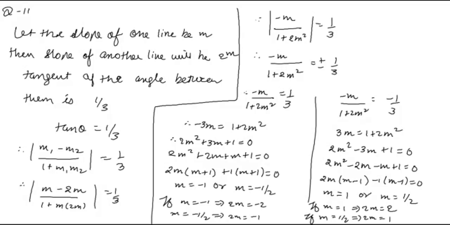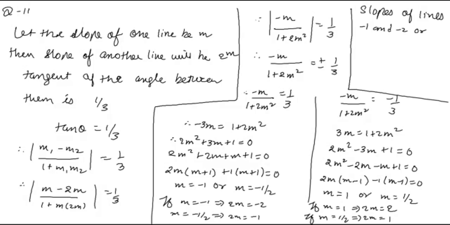So we have found the slopes of the lines as minus 1 and minus 2, or minus 1 by 2 and minus 1, or 1 and 2, or 1 by 2 and 1.